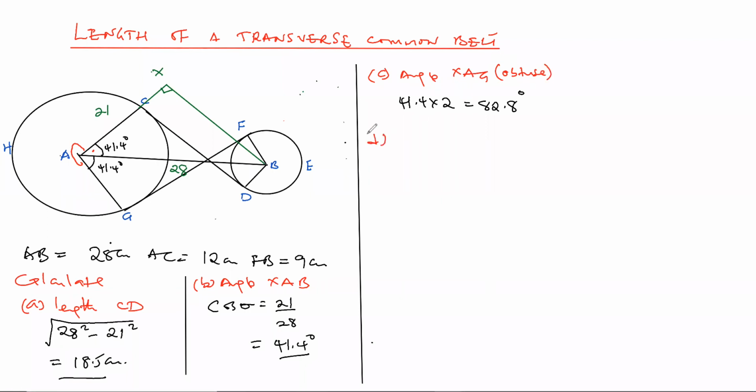So D is the reflex angle XAG. If you want to get the reflex angle XAG, it is the last one we want. So it will simply be 360 minus the obtuse angle we got, which is 82.8 degrees.